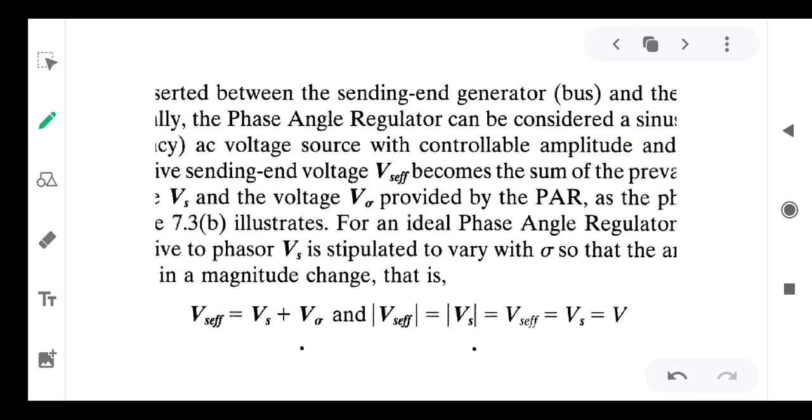If you want to control the magnitude, you can provide additional windings in series with the phase windings. If you want to control the voltage at 90 degrees, then at the junctions of the delta you provide the series windings in quadrature with the phase winding.